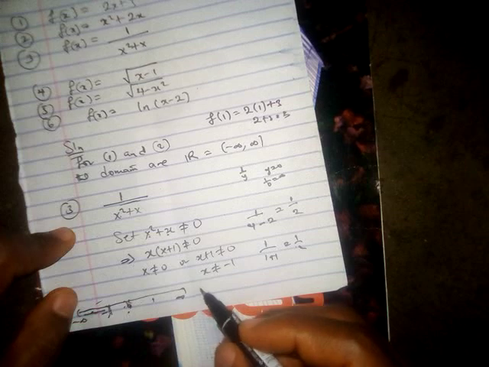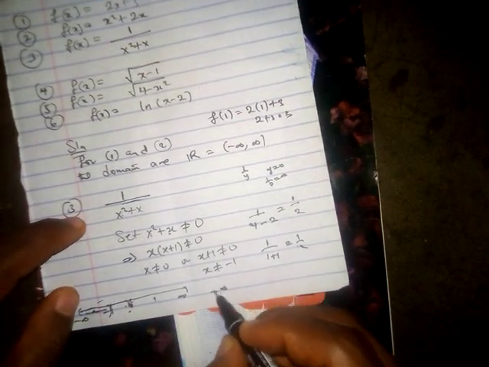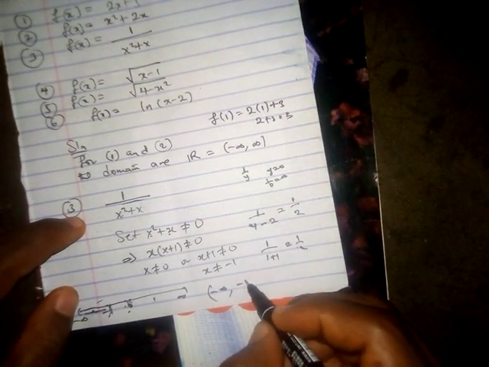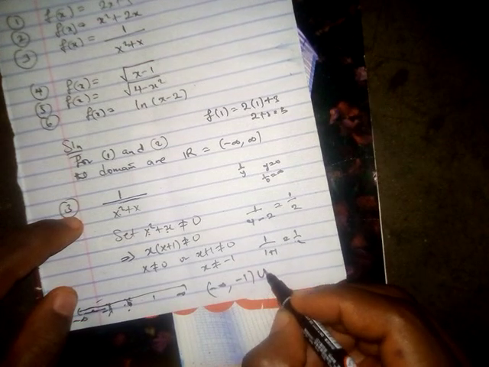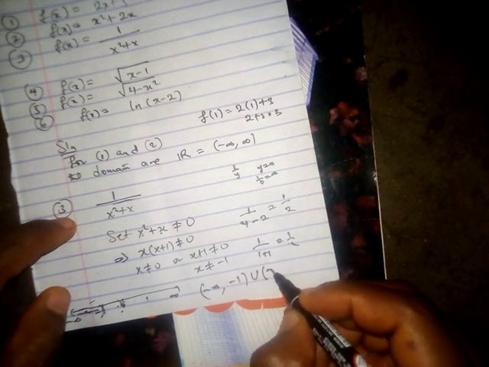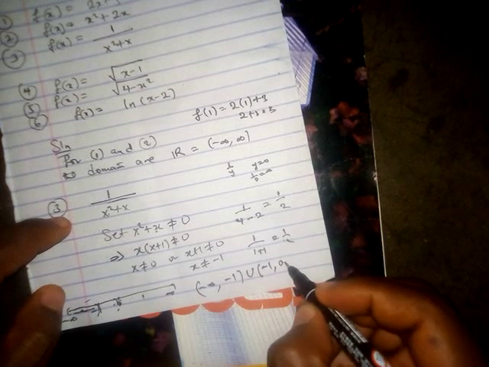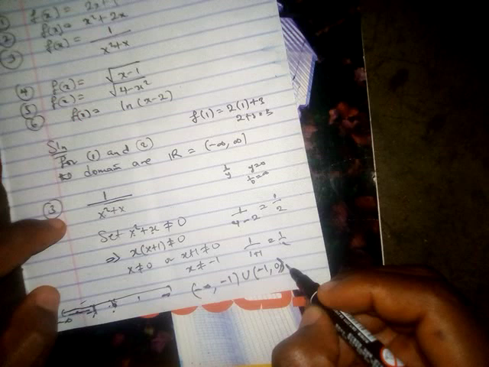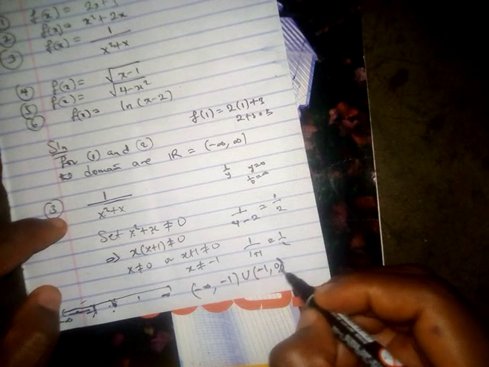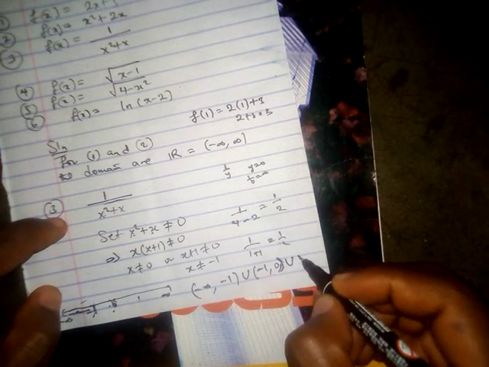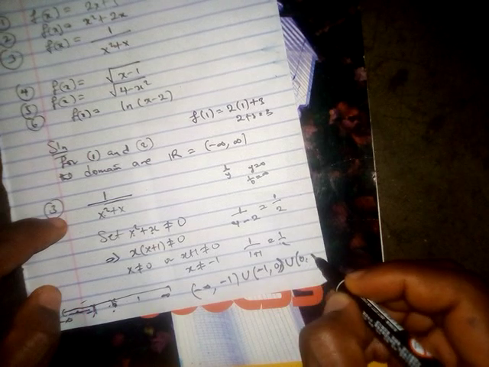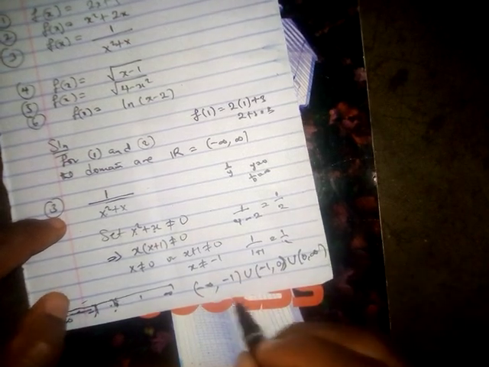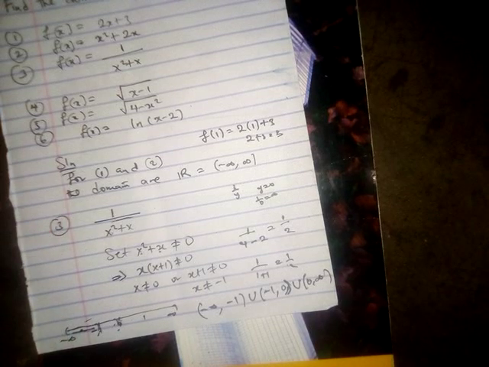So the domain for this function is minus infinity to minus 1, open bracket, union minus 1 to 0, open bracket, union 0 to infinity. So this is the domain for this function.